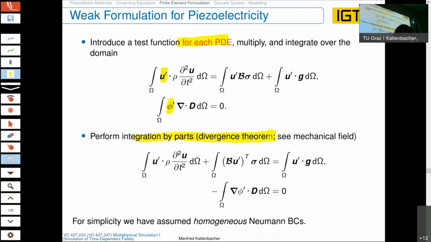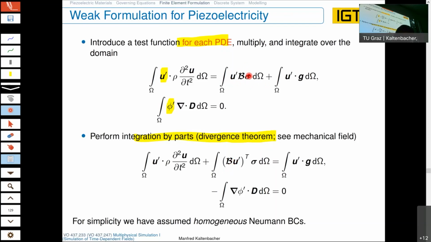Now, applying the integration by parts, or as in multiple dimensions we call it, the divergence theorem, we get the following. On this term here, we get our differential operator operating on u prime, as shown here. And in addition, we clearly would have a surface integral, but we neglect it because we assume that the stress in normal direction on the surface is 0.